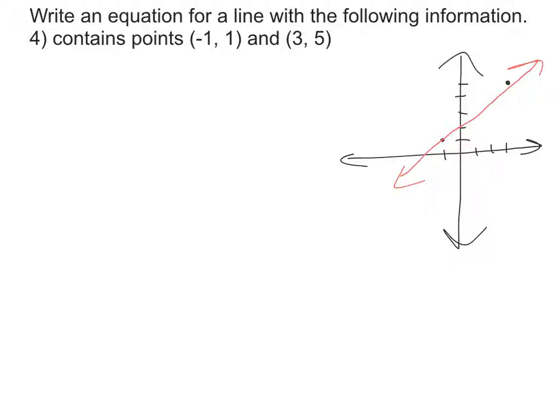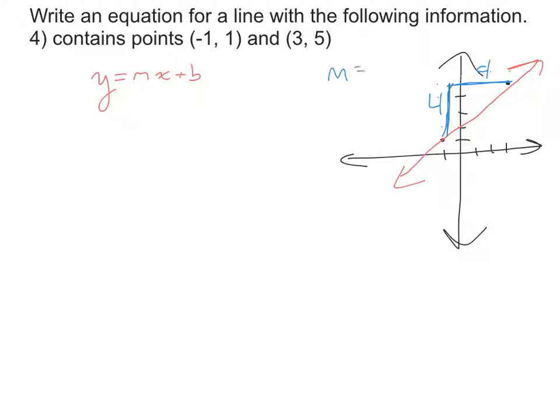So we need to know 2 things. We need to know, again, both the slope and the y-intercept. Well, first of all, what's the slope? How much did we go up? How much was my rise? And we counted up 1, 2, 3, 4. So we counted up 4. And then how much did we run? I went over 1, 2, 3, 4. So I ran 4.